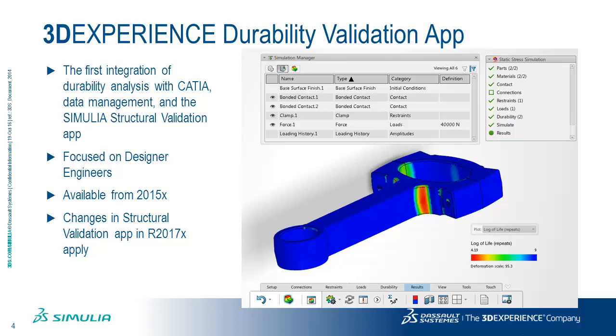You get your simulation manager over here, tells you all the features, includes all of the Abaqus or FEA related features, and then it includes some of the loading history features and of course surface finish features that go with the fatigue analysis. And you get your nice checklist here.